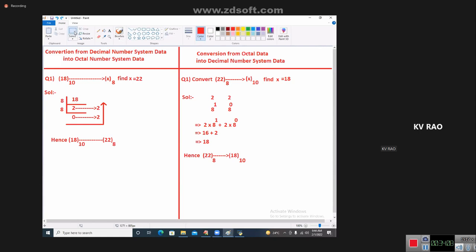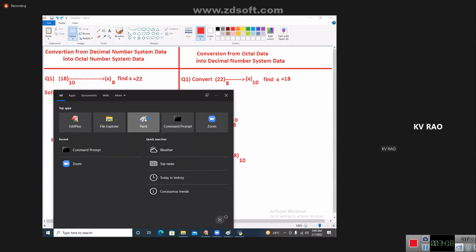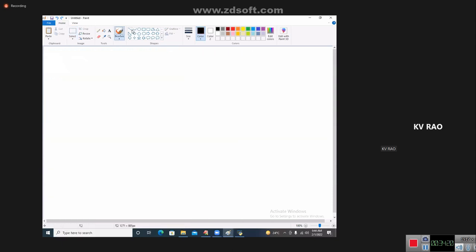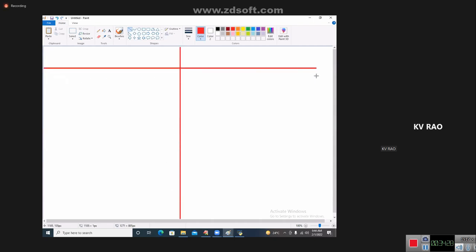One more type of conversion I want to take. Let me go to another conversion here. Let us go to the paintbrush. Carefully try to understand, students. This is the last conversion table I am explaining, and further on, wherever you come across this, you must understand it perfectly. Now I am going to give you clarity on this area.